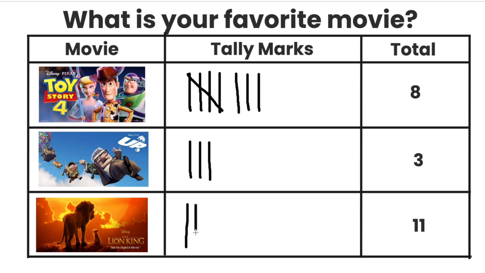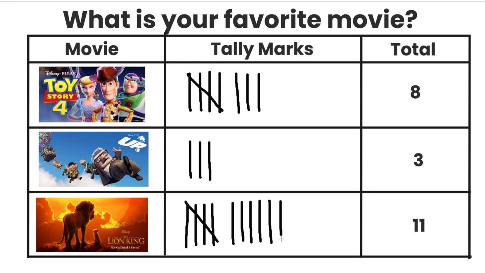1, 2, 3, 4. Remember, I have to draw my diagonal. 5, 6, 7, 8, 9, 10, 11. Oh, wait a minute. Something looks strange. These look like a lot of tally marks. I have a feeling that I should have grouped them by 5.